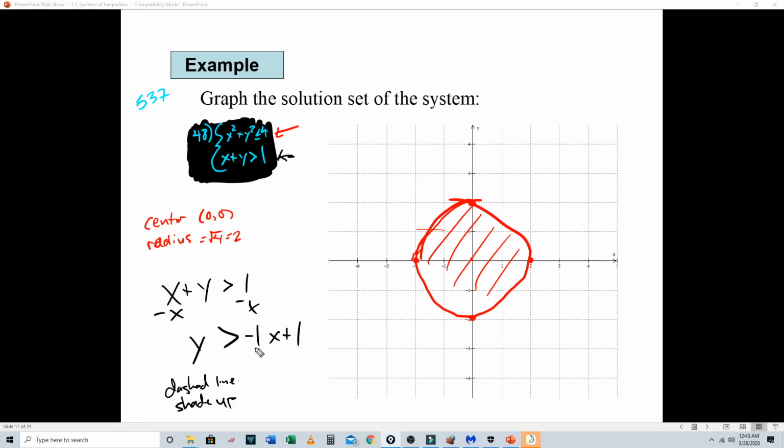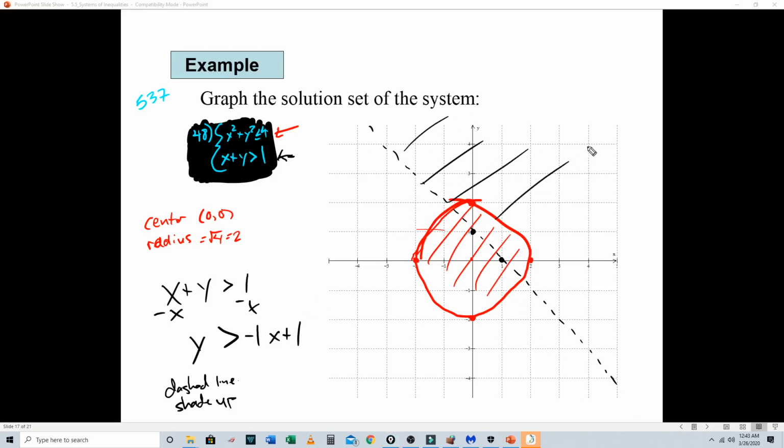All right. Slope is -1. Y-intercept is 1. Slope is down 1 over 1. Dashed line. Okay. And I'm shading up, like we said before.